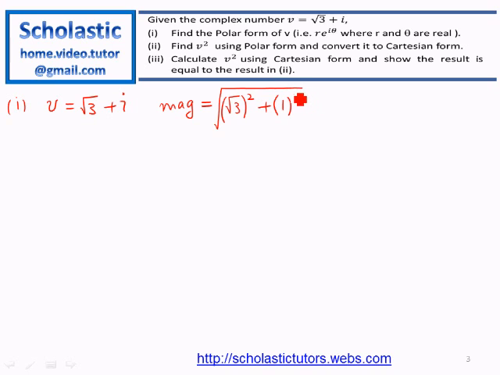So root 3 squared plus 1 squared, square root, equals 2, which is r.